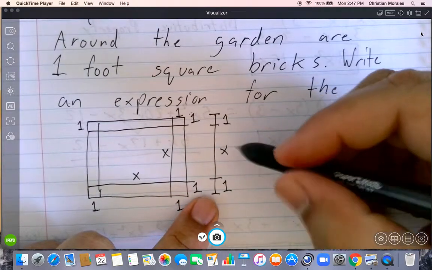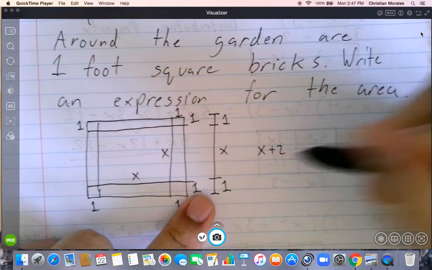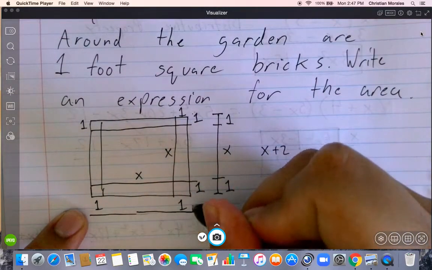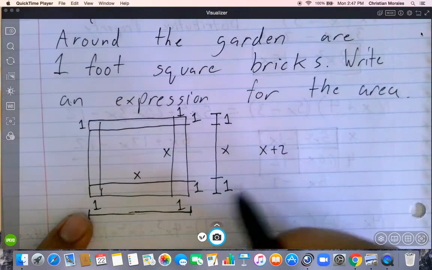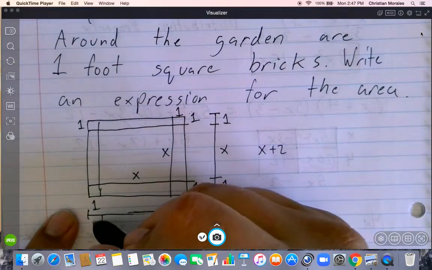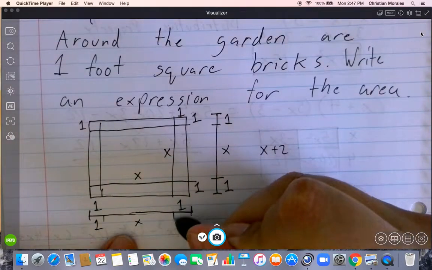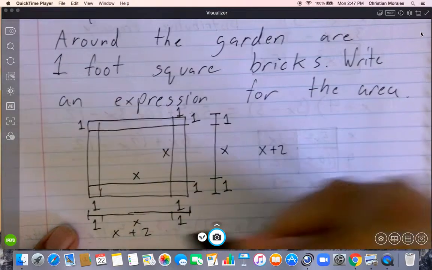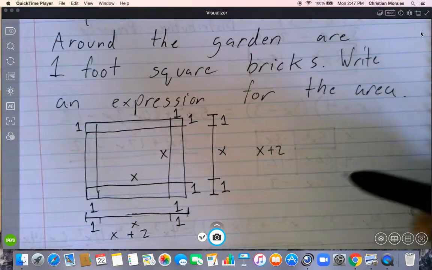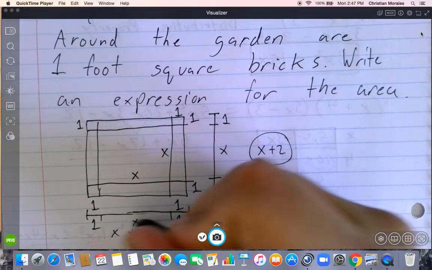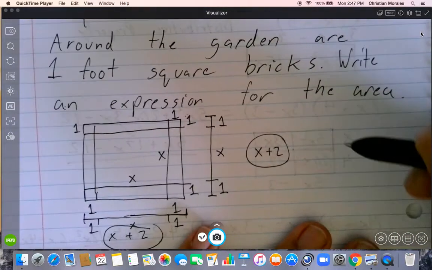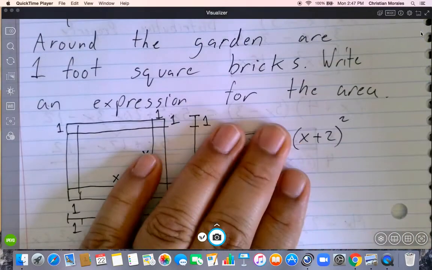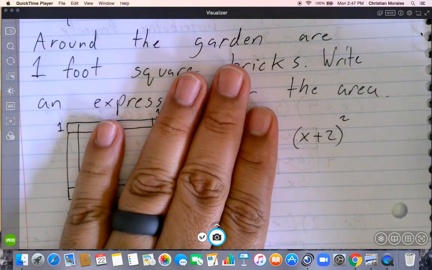If you add that up, that would be x plus 2. And here, the entire width, you have 1, x, and 1. And guess what that is? x plus 2. So if you're going to find the area, you are taking the length times the width. So you're doing x plus 2 squared. That's how you're going to find the area.